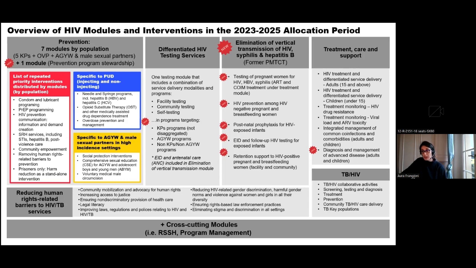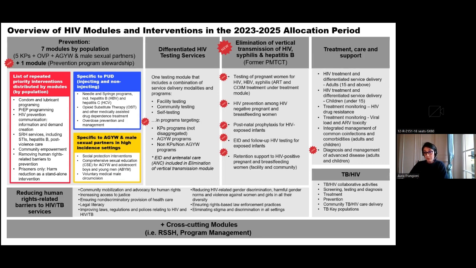So facility-based testing, community-based testing, and self-testing. In the elimination of vertical transmission module, which is the former PMTCT module, we moved beyond the 4 prongs. And here the list of interventions is completely new.